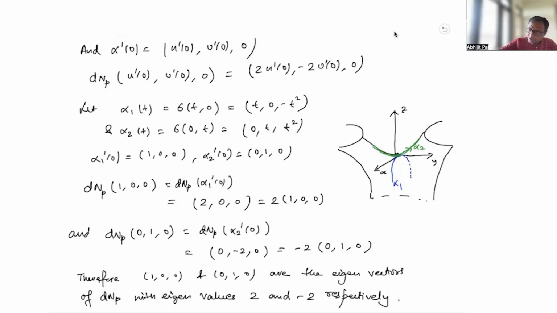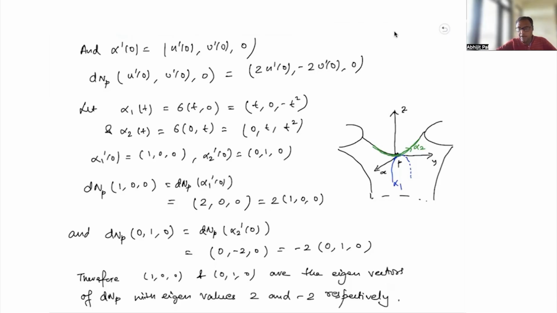Now what will be the maximum curvature and what will be the minimum curvature? This curve alpha 1 at the point P will give the minimum curvature, that is equal to minus 2.